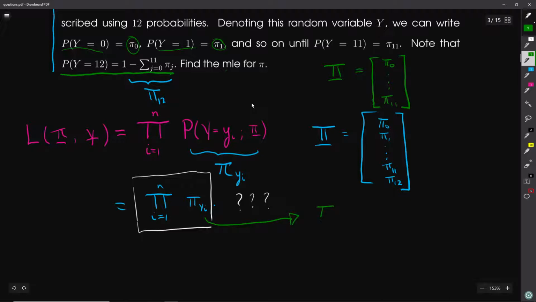So we could write pi yi as the multinomial probability, which is going to be given by something like pi 0 to the exponent of the indicator function that yi equals 0, times pi 1 to the indicator function that yi equals 1, times up to pi 12 to the indicator function yi equals 12.